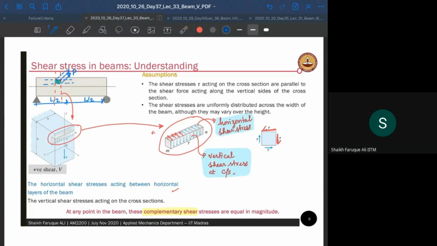Every SFD that you saw, so let's say I have a beam like this, and I put a load here. So my SFD is going to be something like this, right? This is my SFD.